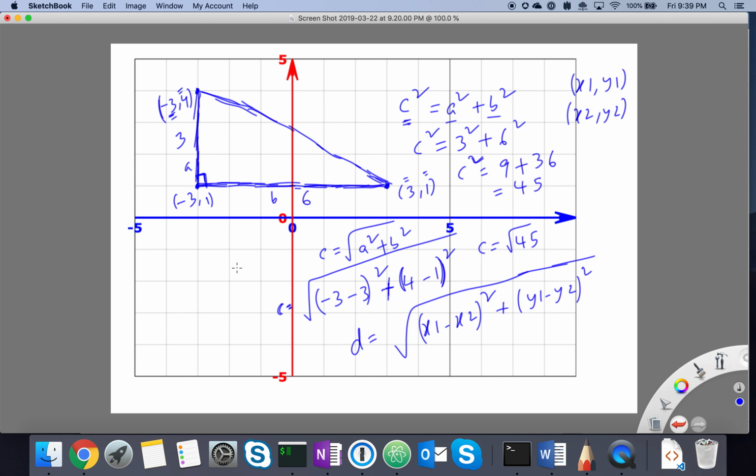So I hope you appreciate the Pythagorean theorem here, how it's helping us make sense of finding the distance between 2 points without having to memorize this whole distance formula. It's great if you can memorize, but you don't need to.